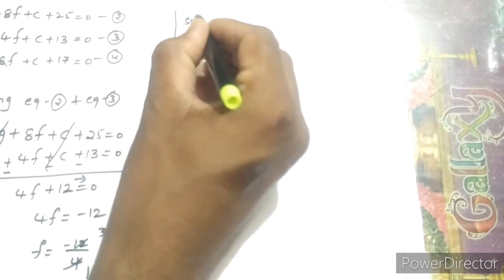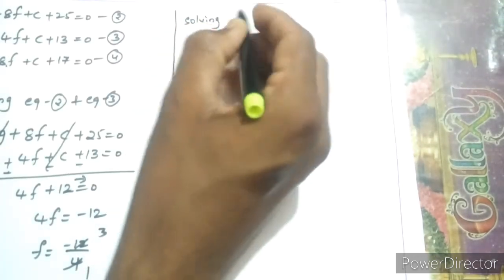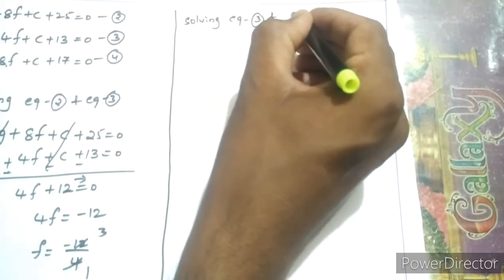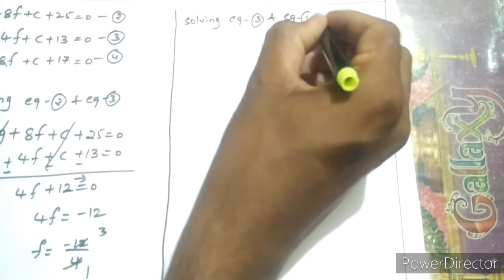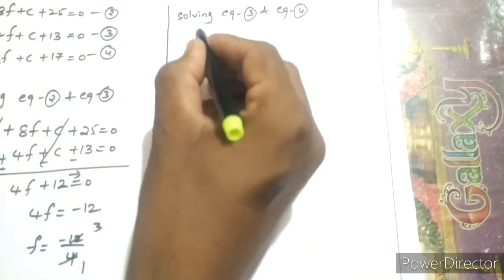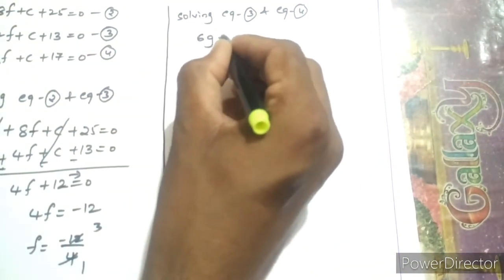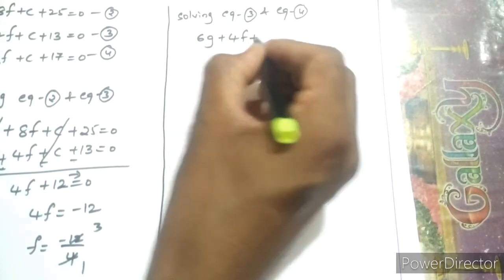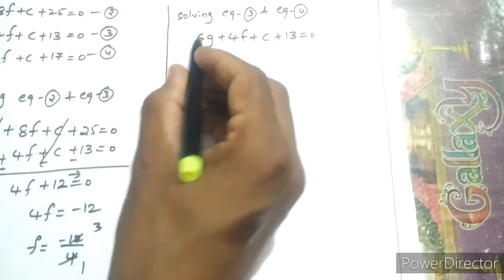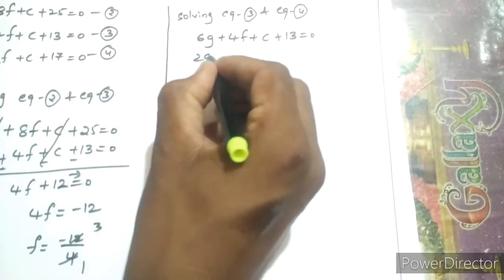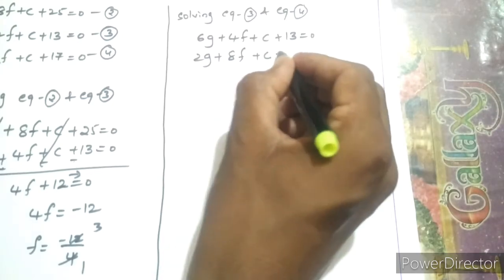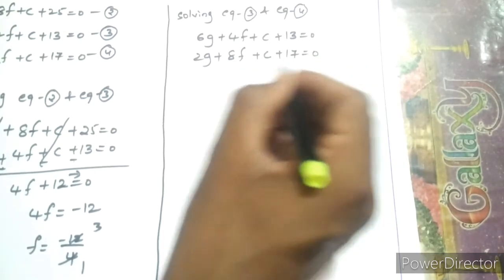Now we are solving equation 3 and equation 4. So what is equation 3? 6g plus 4f plus c plus 13 is equal to 0. And the fourth equation is 2g plus 8f plus c plus 17 is equal to 0.